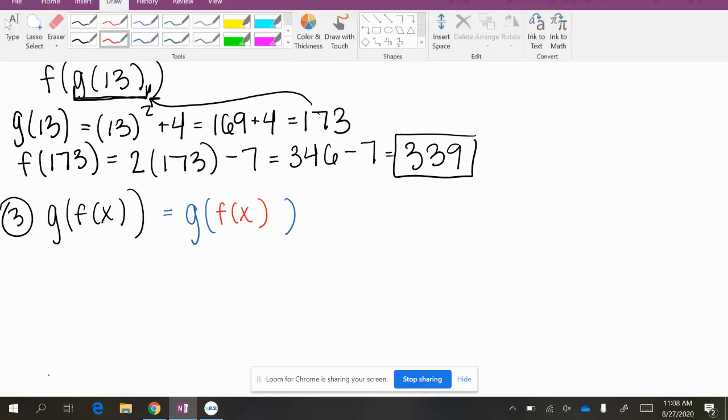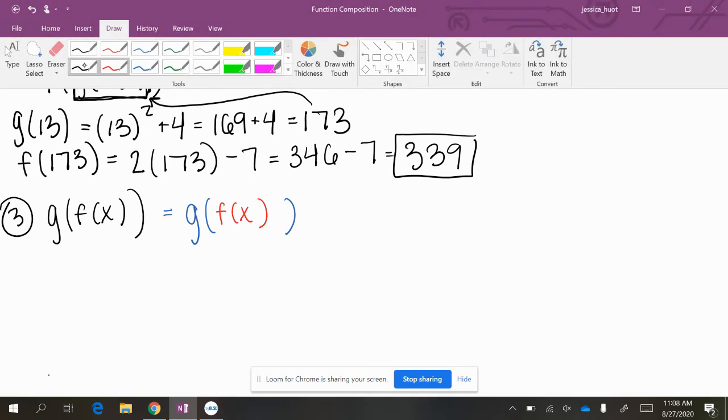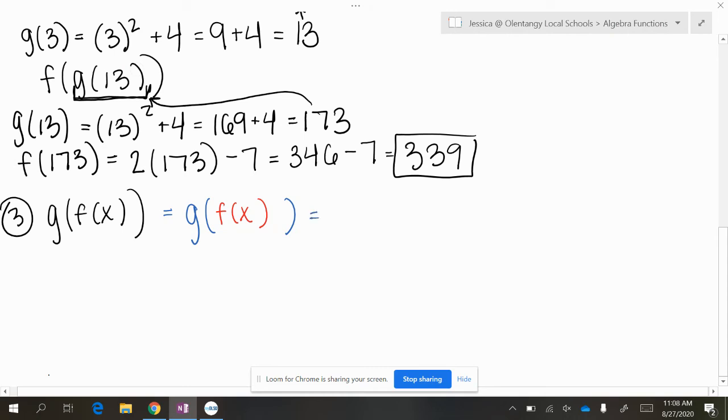And f of x is 2x minus 7. So g of 2x minus 7, because that is f of x. So wherever I see an x in g, I need to go ahead and plug in 2x minus 7.